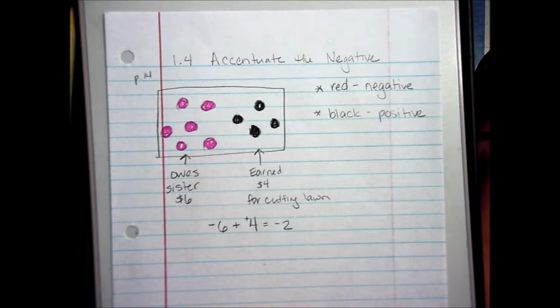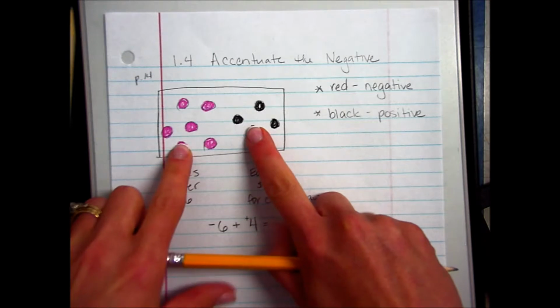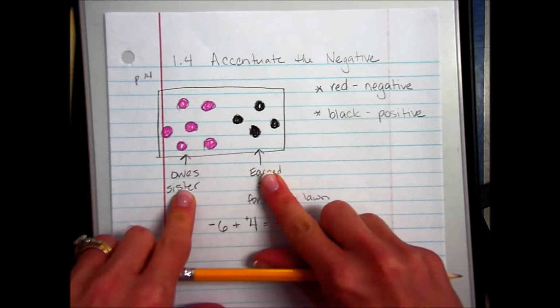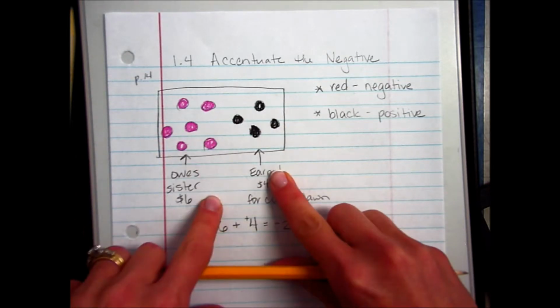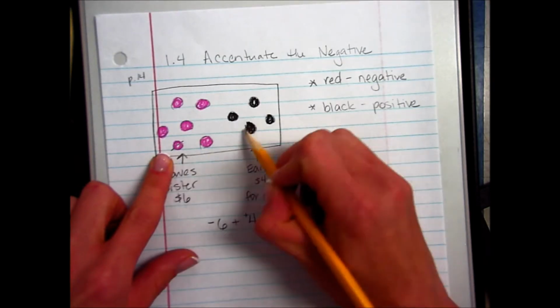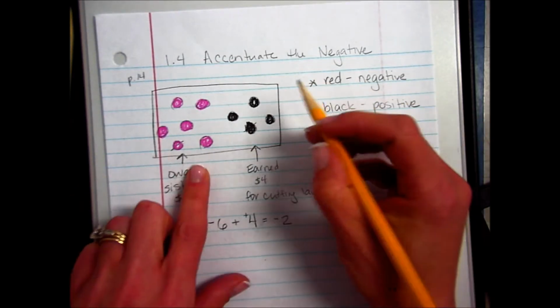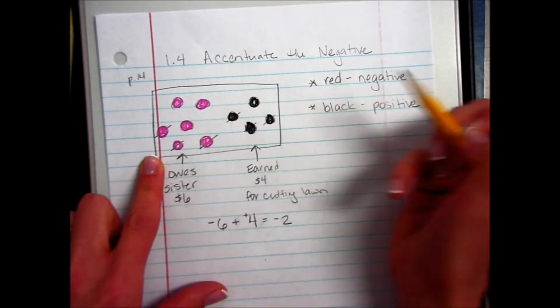Okay, all right. So on the desk where you have your chips, what I want you to do physically with your chips is take away one black and one red and put them back into the bucket, only until you can take them both away at the same time. So on my paper, I'm going to take away one black and one red, one black and one red, one black, one red.